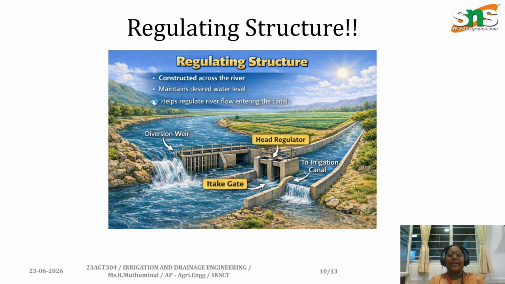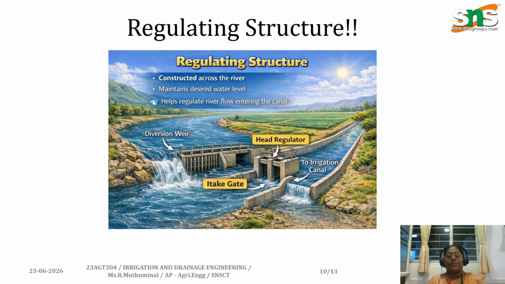The canal head regulator controls the amount of water entering the canal. It acts like a valve that regulates the water supply according to the irrigation requirements. It acts as a protective structure, also provided to prevent the scouring and erosion around the headworks. Now let us understand how the offtake structure behaves.